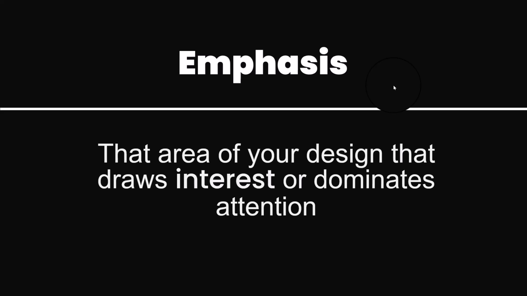So that if you want somebody's attention to be drawn to a specific part of your design, if you want a certain part to be your focal point, then you need to know how to emphasize. Scaling up something, scaling down something, using a brighter color, using a darker color, you need to learn how to use contrast in your design. Mastering emphasis is going to help your designs stand out and help you visually communicate appropriately to the right audience.